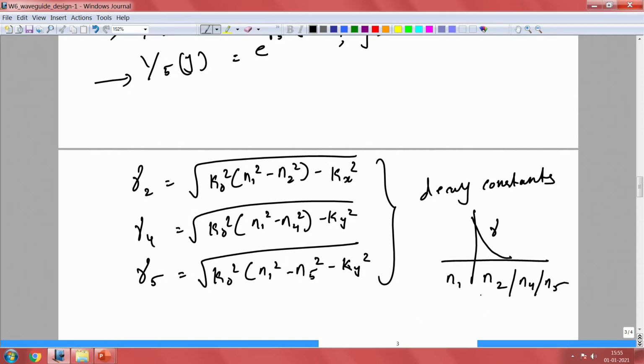So the difference between the core refractive index and the index that is covering this, right. So the higher the refractive index contrast, right, the lower is the range. For example, you could have this and you could have this. This is as a function of x or y.